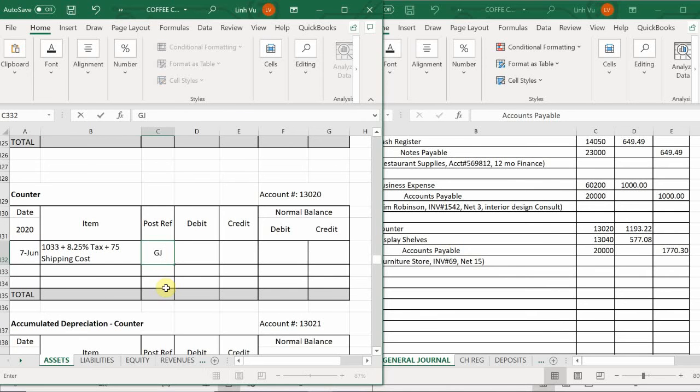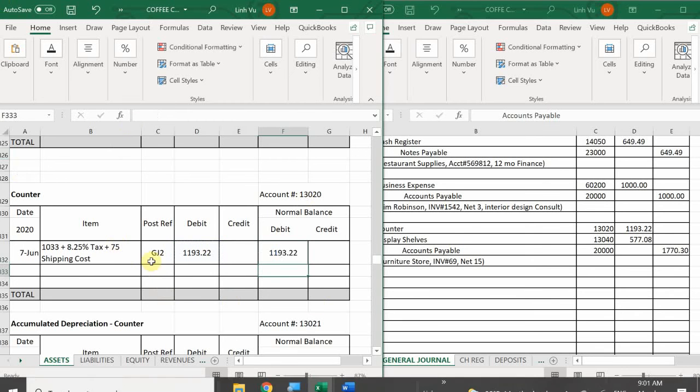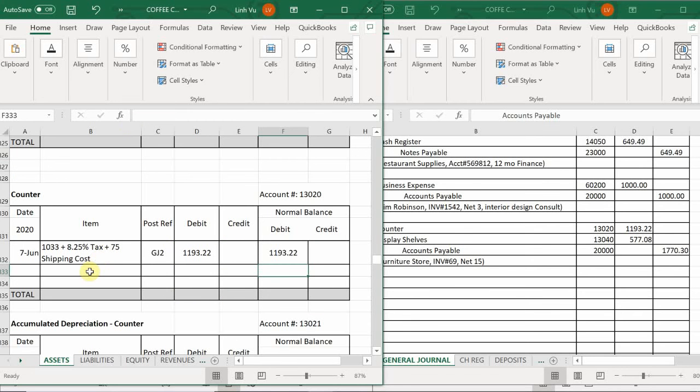General journal number 2, and we're going to debit the account for the $11.93.22. And once again, that's just going to be my beginning balance in my debit account.